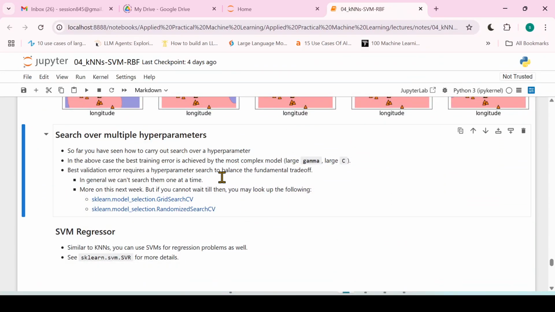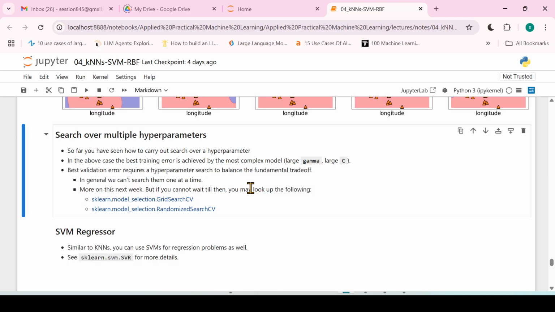Now, to find the best hyperparameters, we can use cross validation techniques, and based on the validation accuracy or error we decide which values of gamma and C are good. But here we only have two hyperparameters. Let's say there would be a model with 3, 5, or 10 hyperparameters.